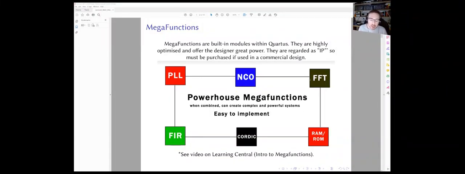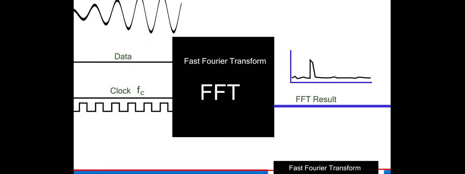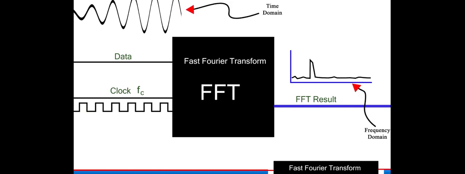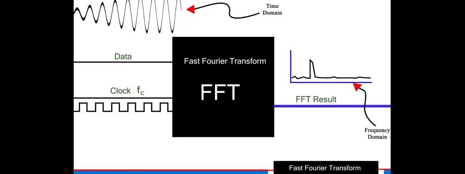The FFT, we'll focus on the FFT in lecture 5, I believe. So I won't say too much about that one now, except that it's a fascinating mega function with lots of great applications. We've got the FIR, finite impulse response filter, which is basically a digital filter, and again, a really useful, really powerful mega function.